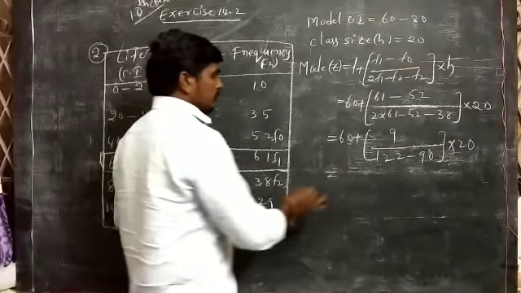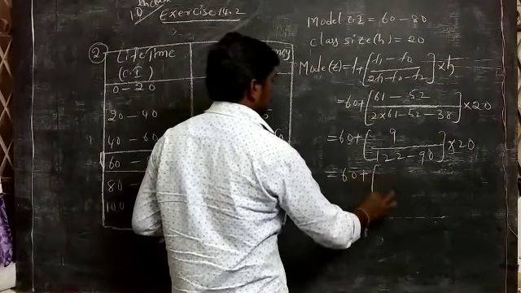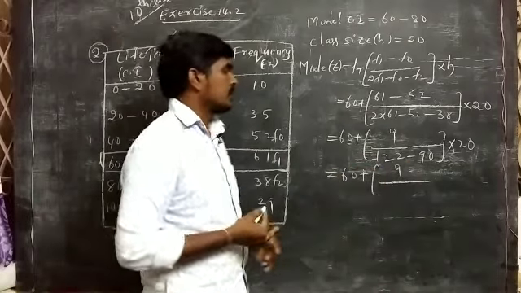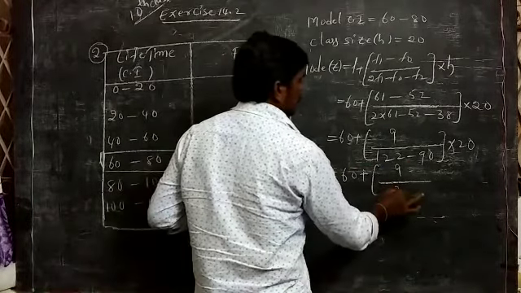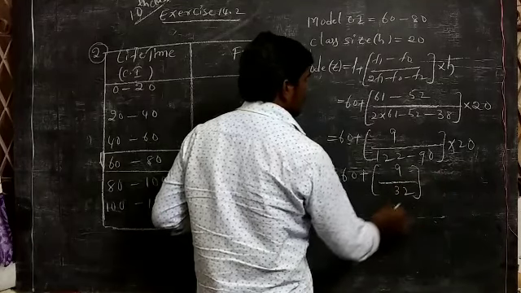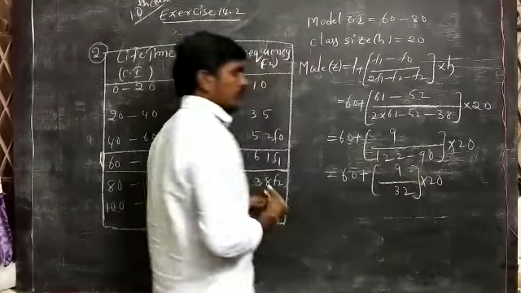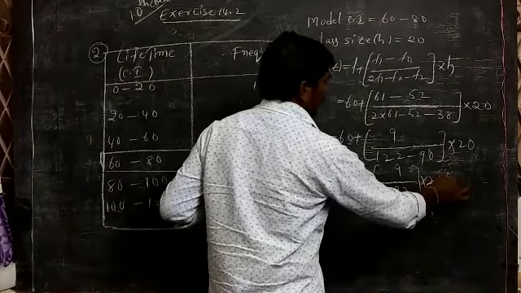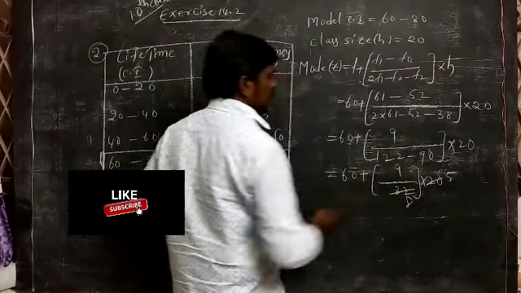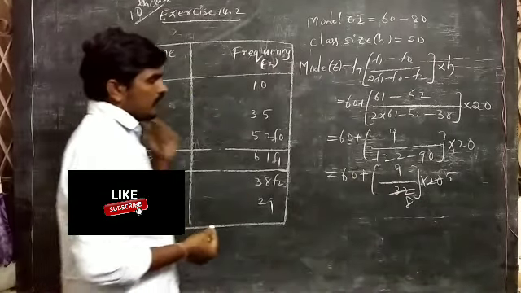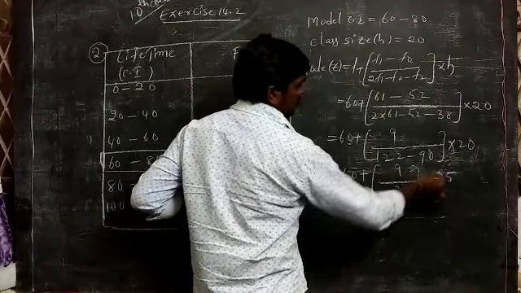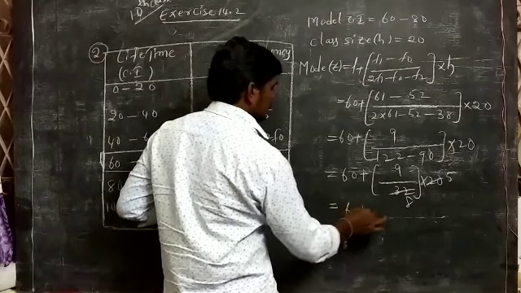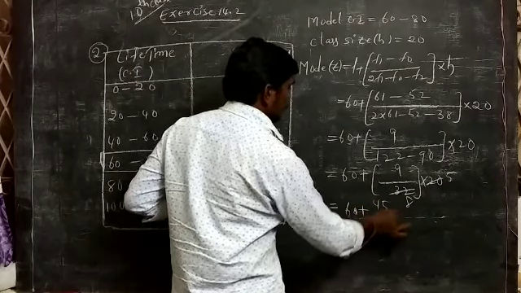Okay, now 60 plus 9 by, 122 minus 90, how much? 32, easily you can say, 32 into 20. So cancellation: which table? 4 table. 4 fives are 20, 4 eights are 32. Remaining these two multiply: 9 fives are 45. 60 plus 45 by 8.